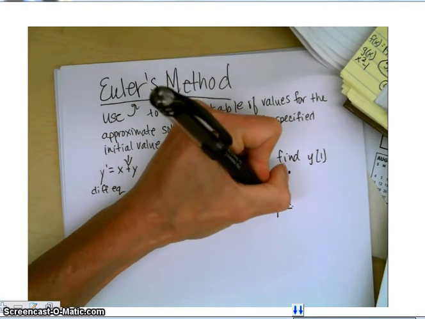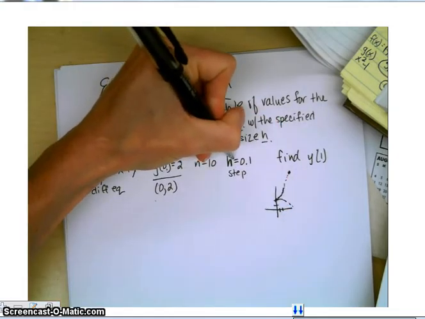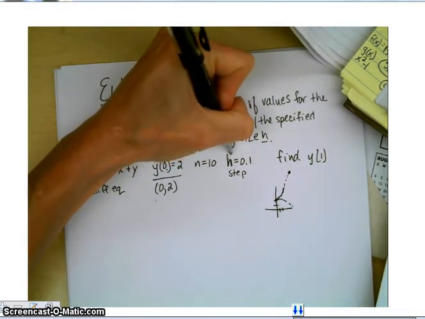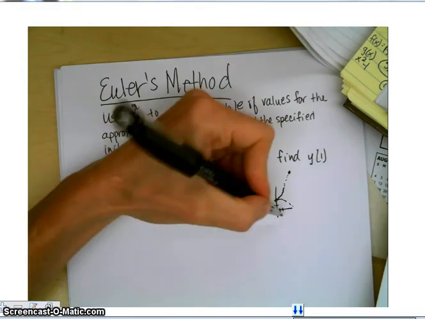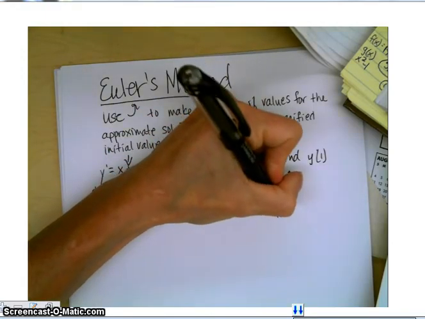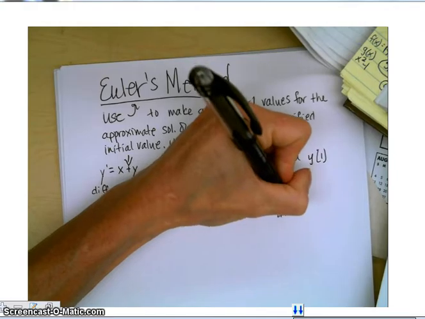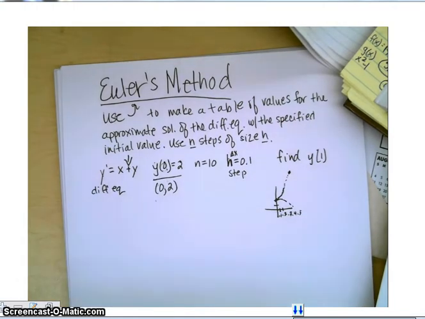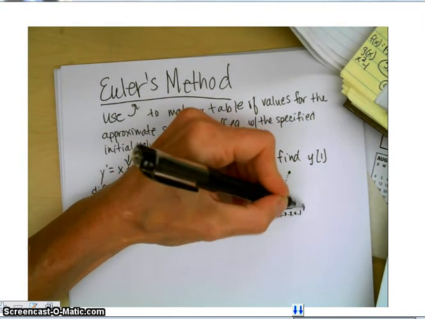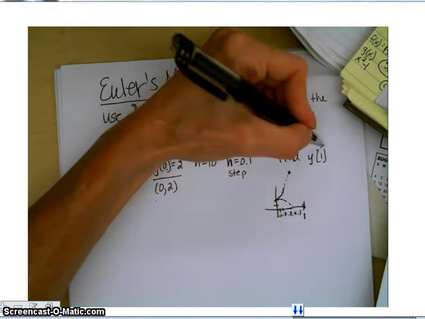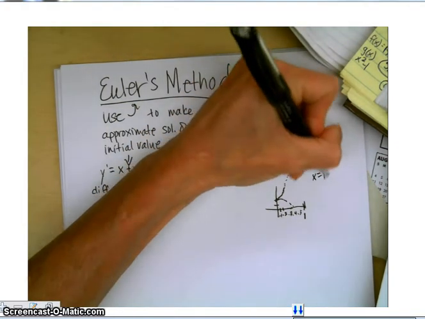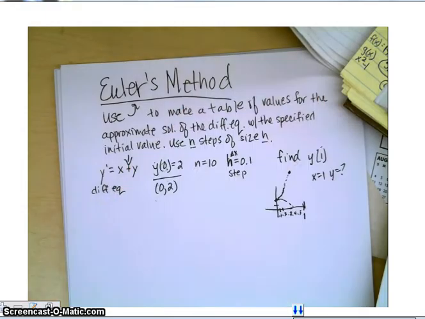If we're inching over from 0 on the x-axis, h is also called delta x, the change in x. So we're inching over 1/10 at a time: 0.1, 0.2, 0.3, 0.4, 0.5. Aren't we going to end up at 1? And don't we want to know y of 1? When x is 1, what is y? That's what we're trying to find out.